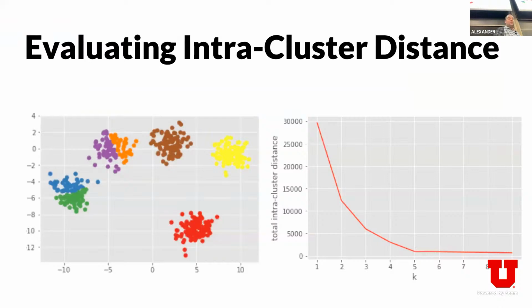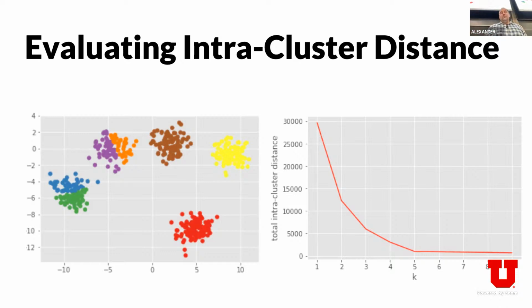The way to do this is to evaluate the intra-cluster distance. What I'm doing here is computing K-means for a series of Ks, right? Maybe start at 2 and end at some reasonably large number that you suspect is an upper limit on the clusters possibly in this data set, and then calculate, because it's a super fast algorithm, you can just run it multiple times.